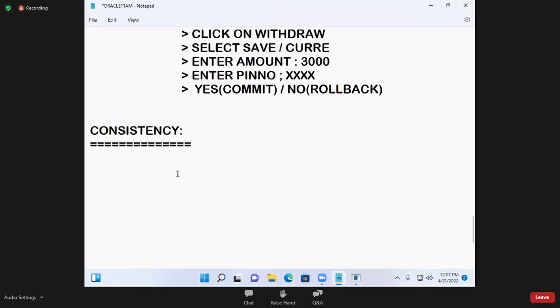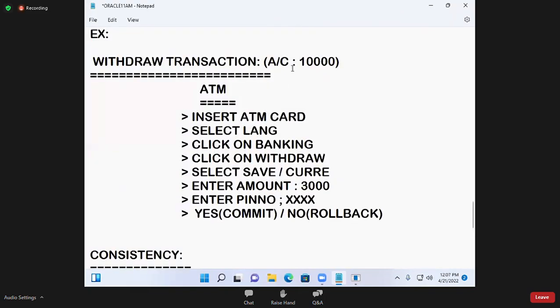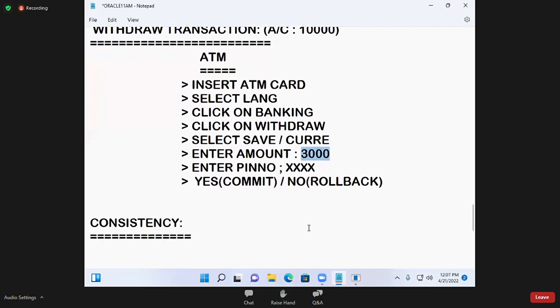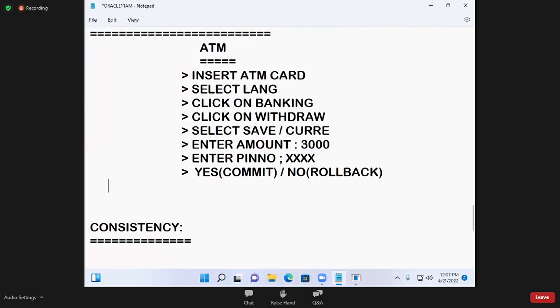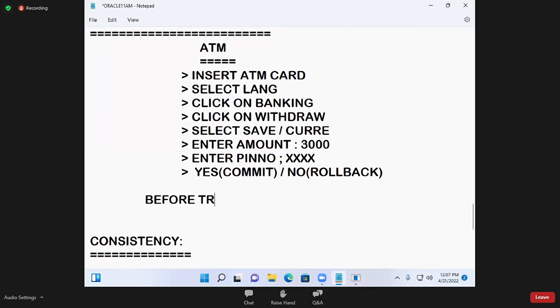Now you see. Suppose my question is, here your account balance is how much, guys? 10,000. How much do you withdraw? 3,000. So carefully observe. Before transaction, my account balance is how much? 10,000.